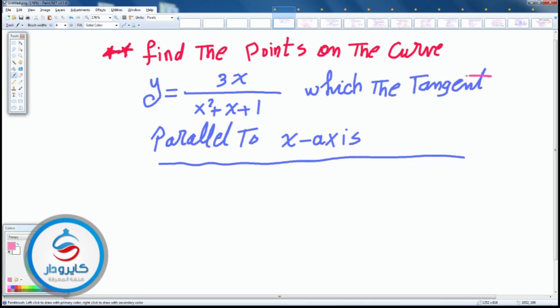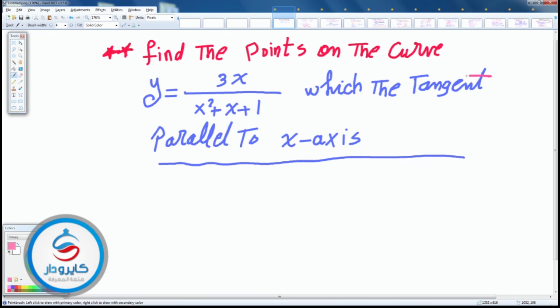It will be a fraction. When the fraction is equal to 0, that means only the numerator is equal to 0. Remember this carefully. Why 0? Because the tangent is parallel to the x-axis. That means only the numerator of the fraction will be 0.